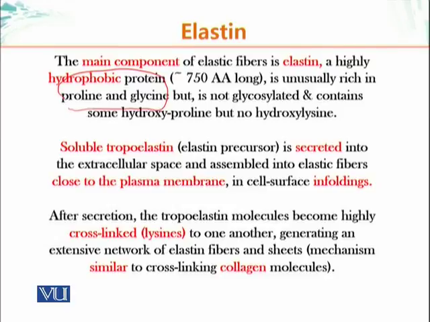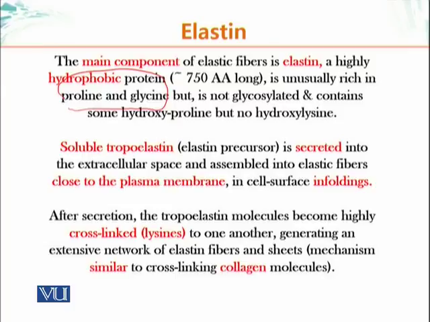Again, these molecules are secreted close to the plasma membrane because your cells need to grab these molecules and orient them in a specific manner, so it's not haphazard or random. Generally, this happens in the infoldings of the cell that allow these cells to grab onto these molecules and put them in proper orientation.